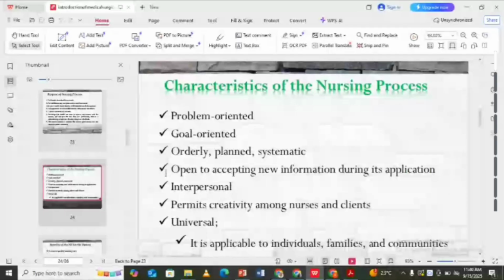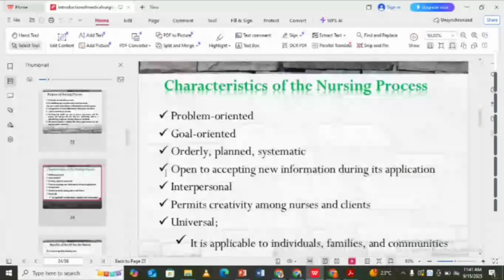Interpersonal, there has to be communication between you, the patient, the other nurses, the medical officers, the clinicians, the lab people, the pharmacists. It creates that avenue for that interaction. It encourages creativity among nurses and clients. That's why I was mentioning to you nursing being an art and a science.